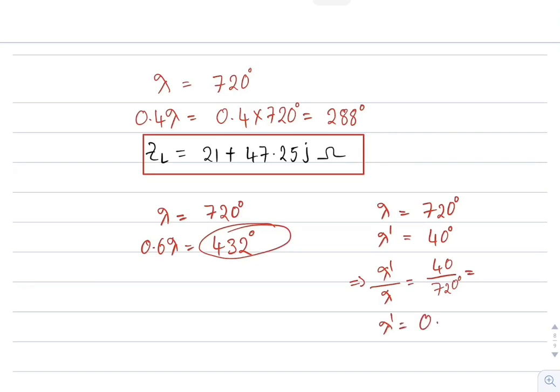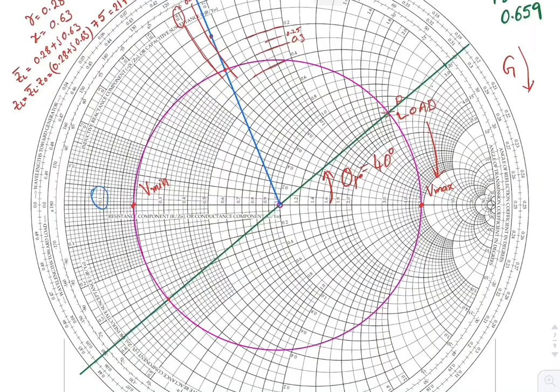that equal to 0.055. That means if you travel a distance of 0.055 lambda, then you are going to get a maximum value. And from this maximum to minimum, the angle is 180 degrees, which represents lambda by 4.